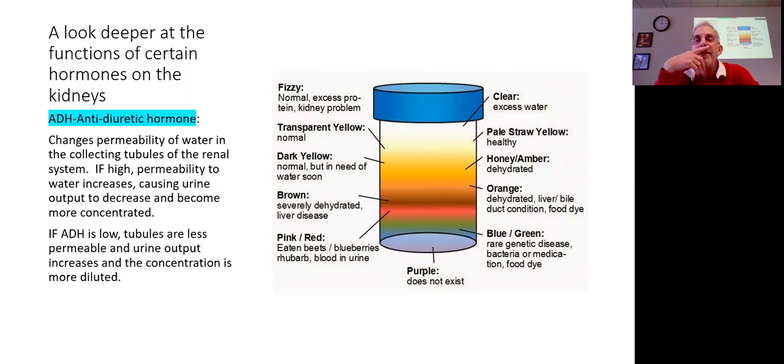And this little bottle here on the right-hand side I like, so I put it in here because it gives you an indication of what's going on according to the color of your urine, simply put. It's interesting.